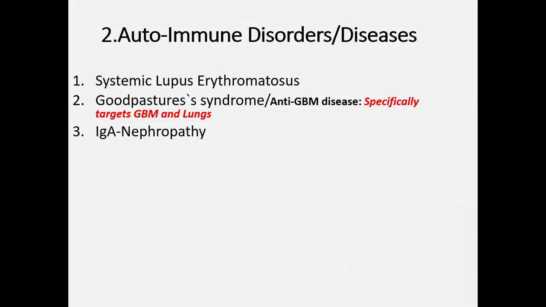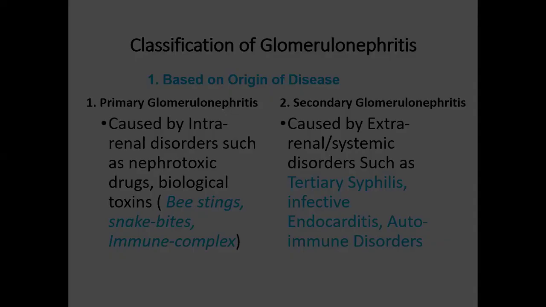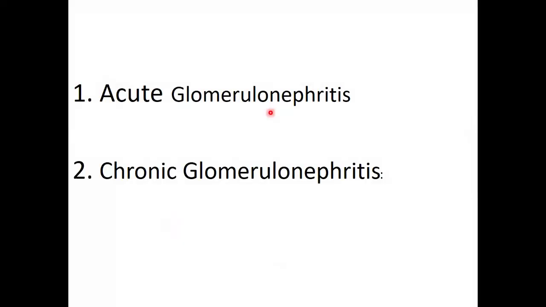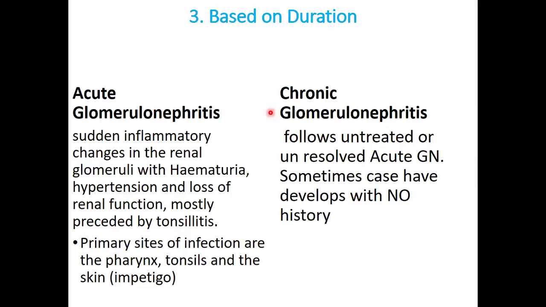Okay, then finally, we have classification of GN based on duration and onset. So there's acute, which is sudden inflammatory changes in the renal glomerulus and causes oliguria and rapid accumulation of interstitial fluid in the body because of loss of proteins.